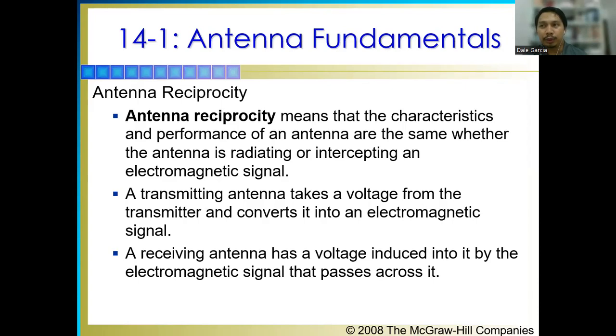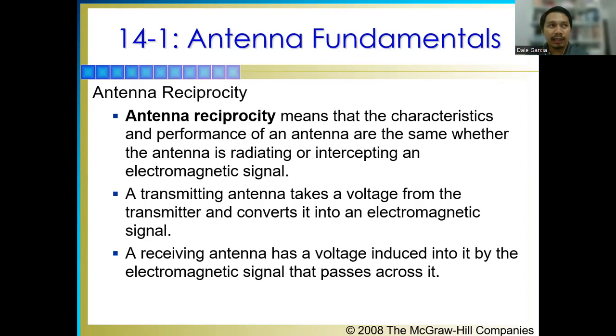So kung unsang shape sa transmitting antenna, it's possible nga ato pud ang shape sa receiving antenna. Hence, antennas are actually transmitter and receiver. Pwede siya maka-transmit, pwede siya maka-receive, because again, antennas are reciprocal. So there might not be such a thing as a transmitting-only antenna or a receiving-only antenna.